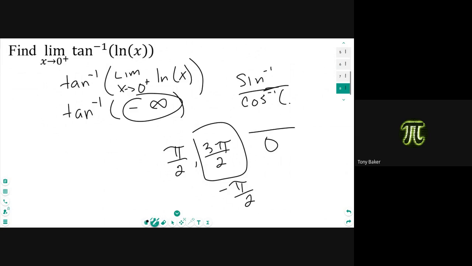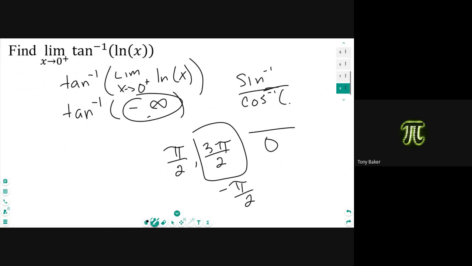Like if I gave you the sine of pi over 2, you tell me the answer was 1. If I gave you the sine of pi over 4, you'd say it's square root of 2 over 2. That's that unit circle that you did. Arctangents are just the opposite of that. Instead of them putting the angle in there, they're giving you the answer, and I need you to tell me the angle.